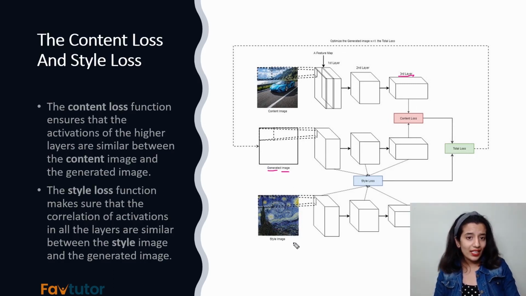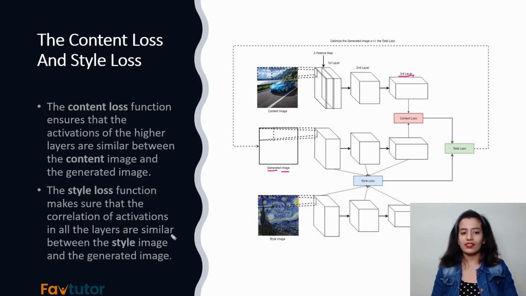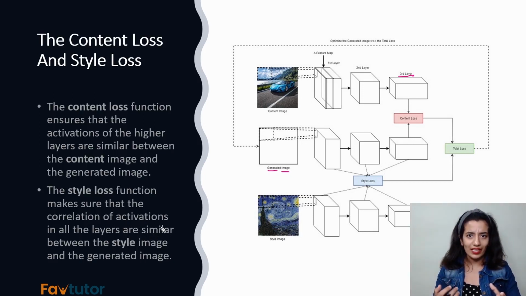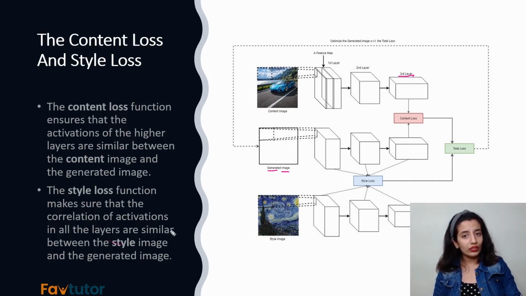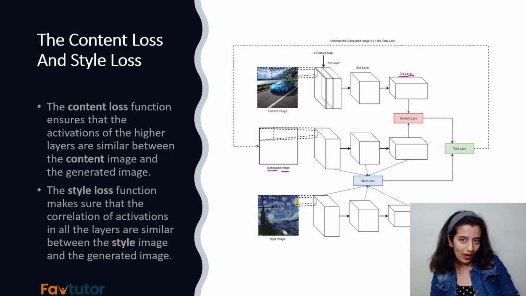If you take the style loss, it is not of that type, because the style loss function makes sure that the correlation of activations in all the layers is similar, because you are following the style. So you should have a correlation of activations in all the layers of the generated image and of the reference image that you have taken.